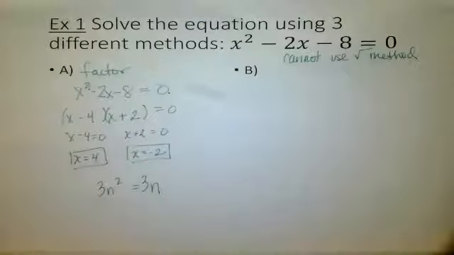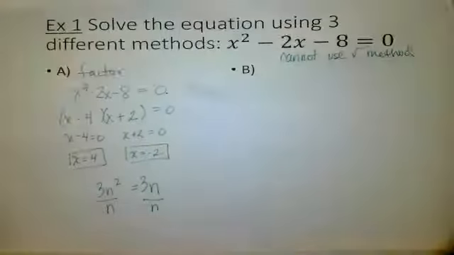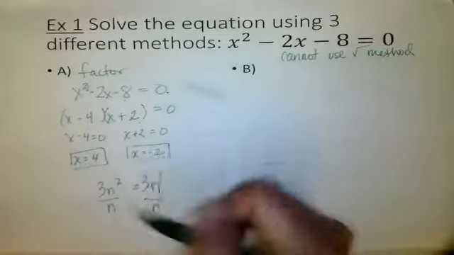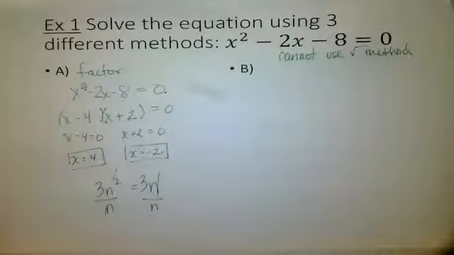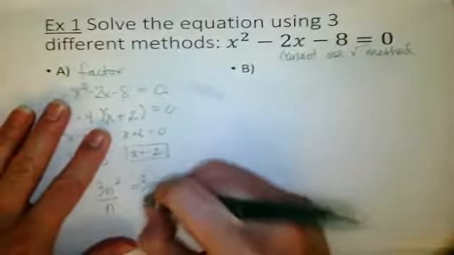Not that you understand it, it's that I understand it, okay? So you can never divide by n, ever. That is never a method for solving, okay? Thinking that it'll clean itself up a little bit and then it's easier to solve. Well, what it does is it divides away one of your solutions. And so you never do that.